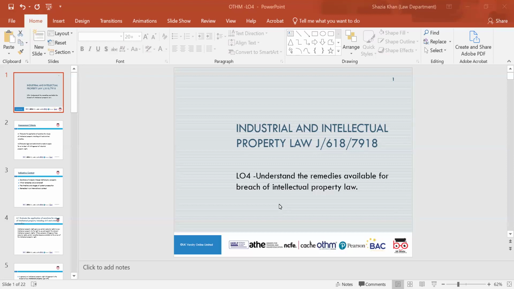We also looked at the law of industrial designs and how that is different, not as much different, but there's a lot of areas that are different in regards to intellectual property.